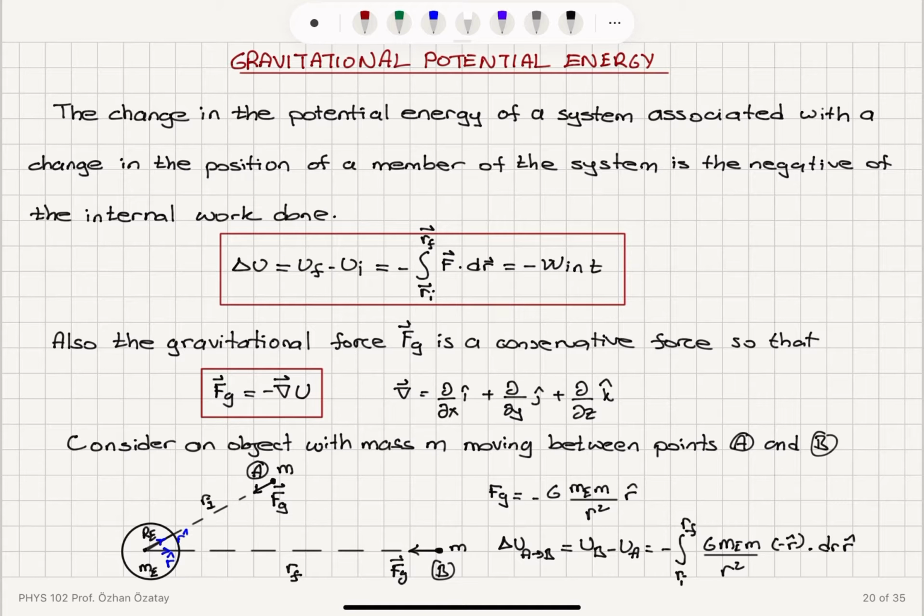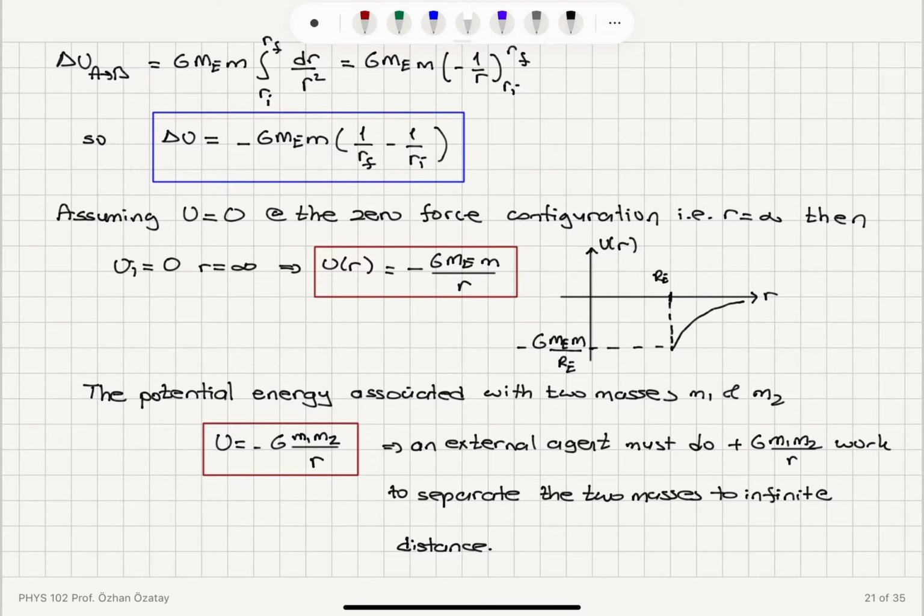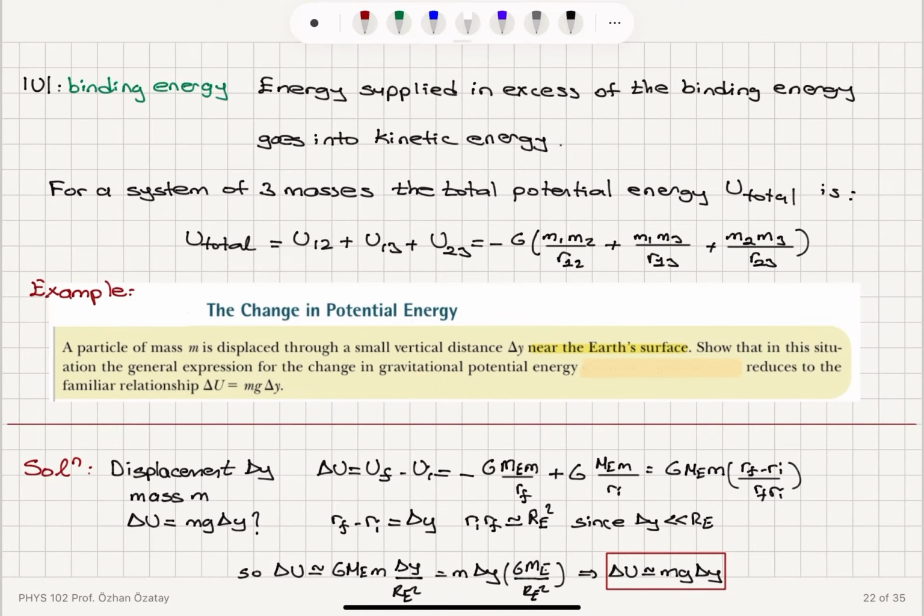You can see if this object moves from point A to point B with no speed, it's going to have a change in the potential energy, and that's what we use to determine the potential energy as a function of r, by defining the zero potential energy for the zero force configuration at r equals infinity.